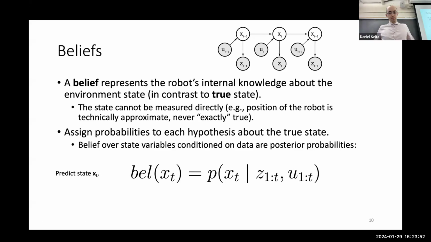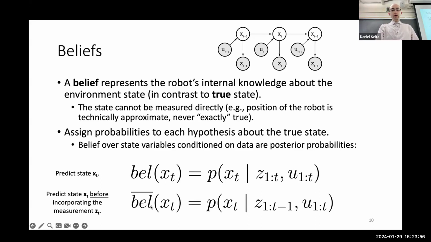So that's just the belief. And then we'll also consider this thing, belief with the line above it. That's the prediction of the state before incorporating the measurement update. So you have the probability of xt conditioned on all the information to the left, but we just don't include zt.